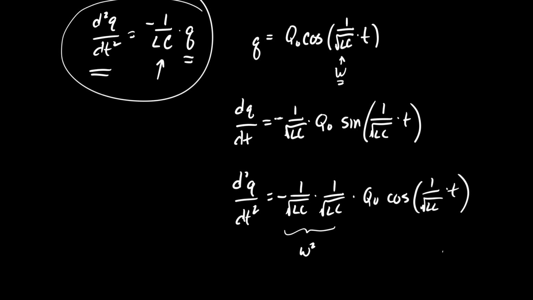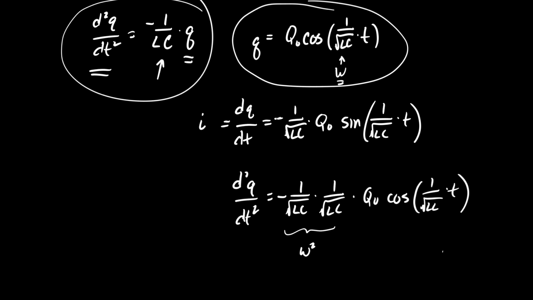But let's consider then that this must be the function that describes the charge on the capacitor. And its first derivative, which we have right here, must be the current that is passing through the circuit, right? It has to be. In fact, this is di dt, which would describe the voltage across the inductor over time.